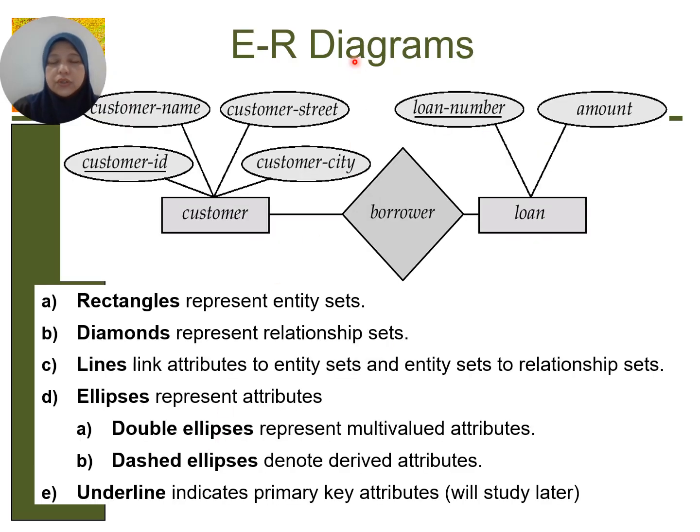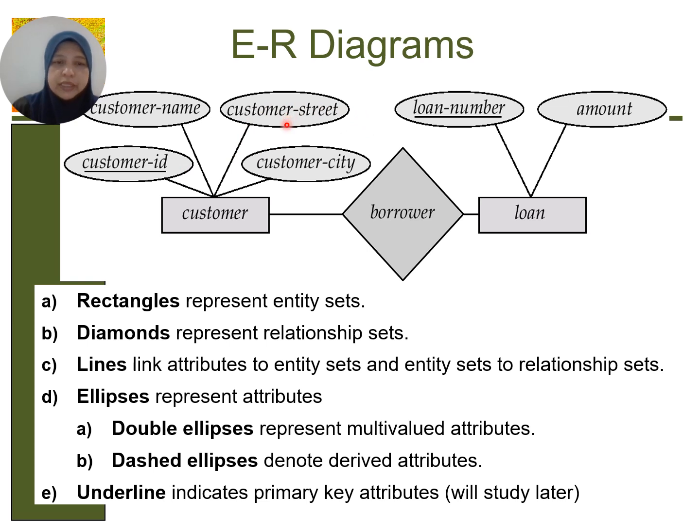Okay, so the entity relationship diagram shows the relationship between one entity and another entity. Let's look at what these symbols mean. You have a rectangle, a diamond shape, an ellipse, some ellipses underlined, some not underlined.